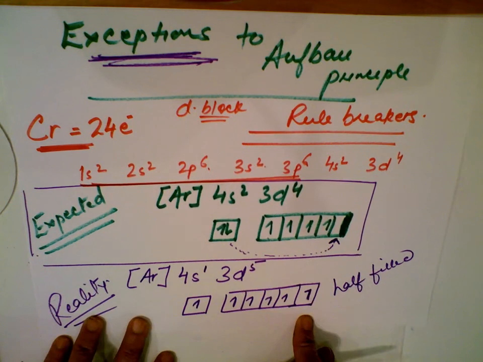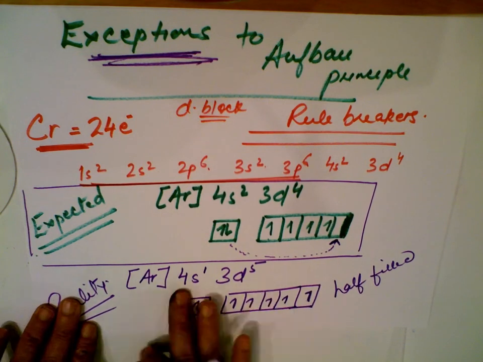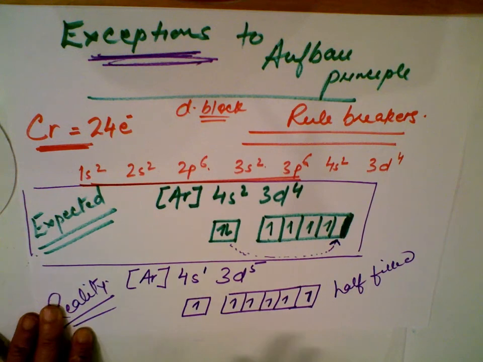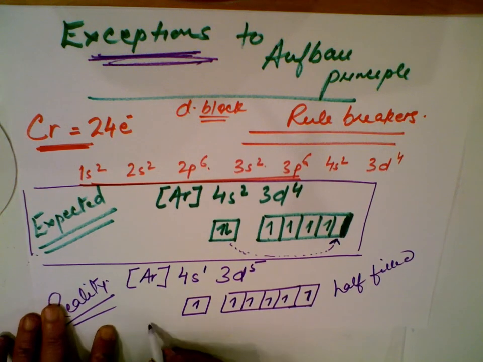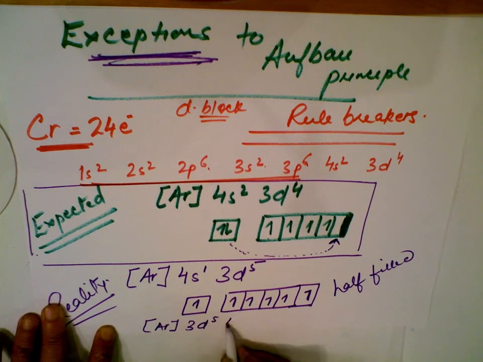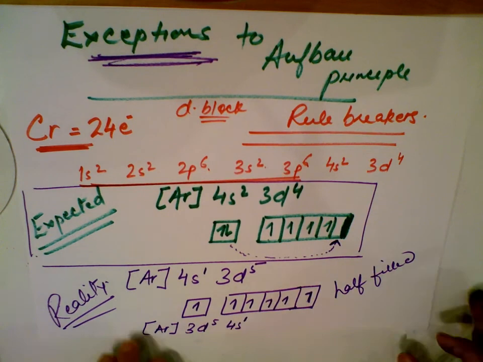All right, so this is more stable, and this is what you are going to write as the electron configuration when you're writing it for chromium. You have to fix it at the end. Or you can, but if you write it like this, 3d5 4s1, this is perfectly fine. No problem. You can write either way.